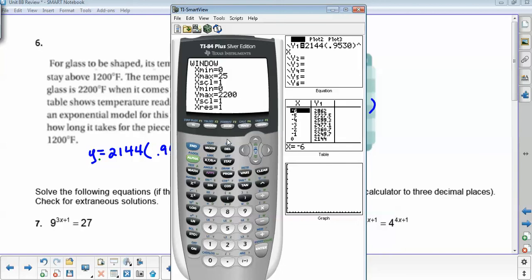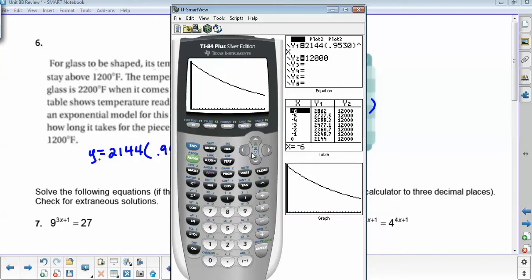Okay, so let's see if I put that in my y1. I did. Can I see that graph? Yeah, you can see it over here. So we want to know when the y is 1200 degrees. So put that in your y2. Graph that.